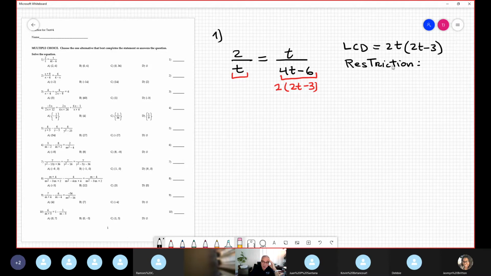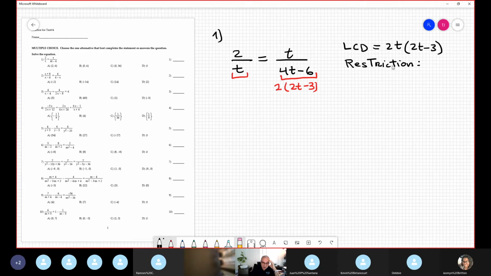We transform the equation a little bit, and you obtain a new equation, but this equation is not 100% equivalent to the original. Therefore, you declare a restriction, and the restriction is the value that gives me 0 in the denominator. You know what's the problem? You cannot divide by 0. Dividing by 0 is illegal. So this is a restriction.